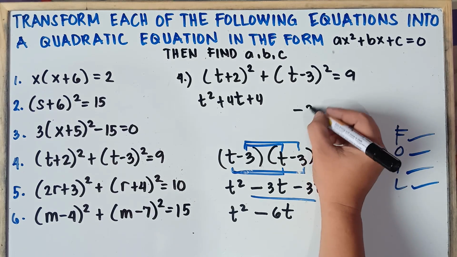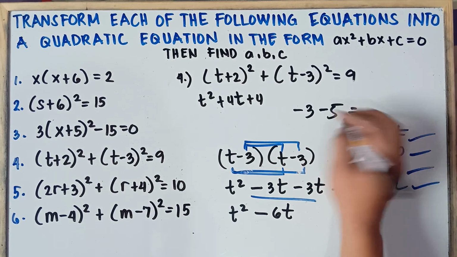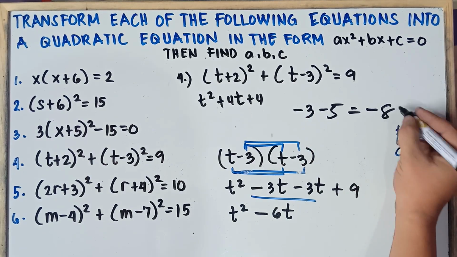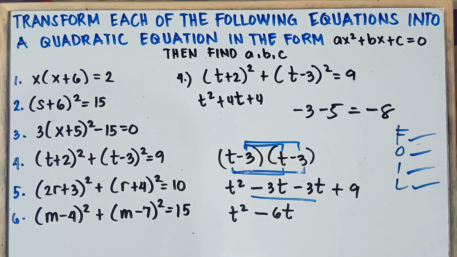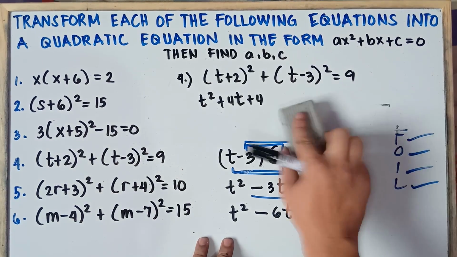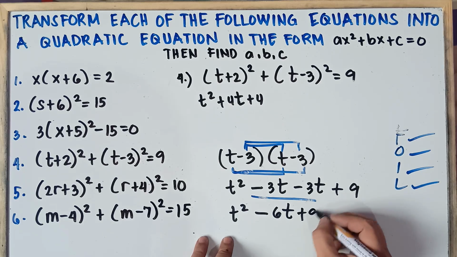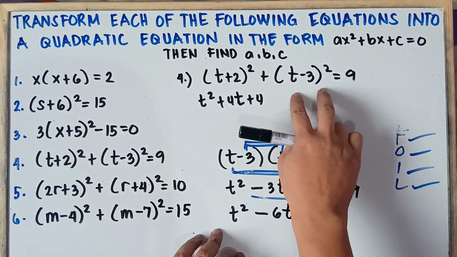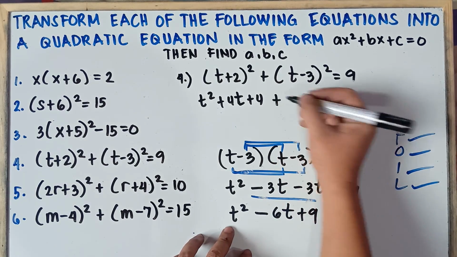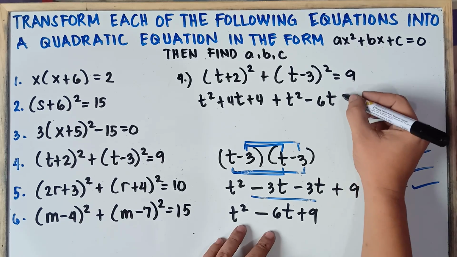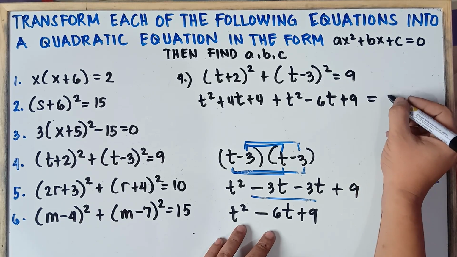Negative 3 minus 5, both negative, copy negative sign, 3 plus 5, that's 8, so the answer is negative 8. So for this one, copy negative sign, 3 plus 3 is 6, copy t, plus 9. The answer is t squared minus 6t plus 9.